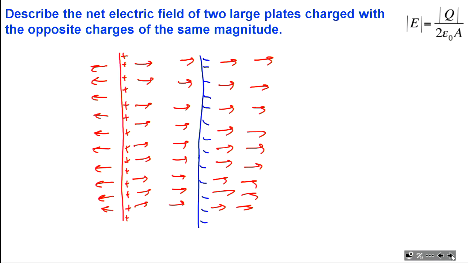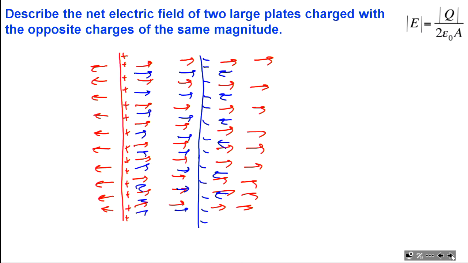So toward again means either to the right or to the left, depending on actual physical location. That's the most difficult part, drawing those arrows.